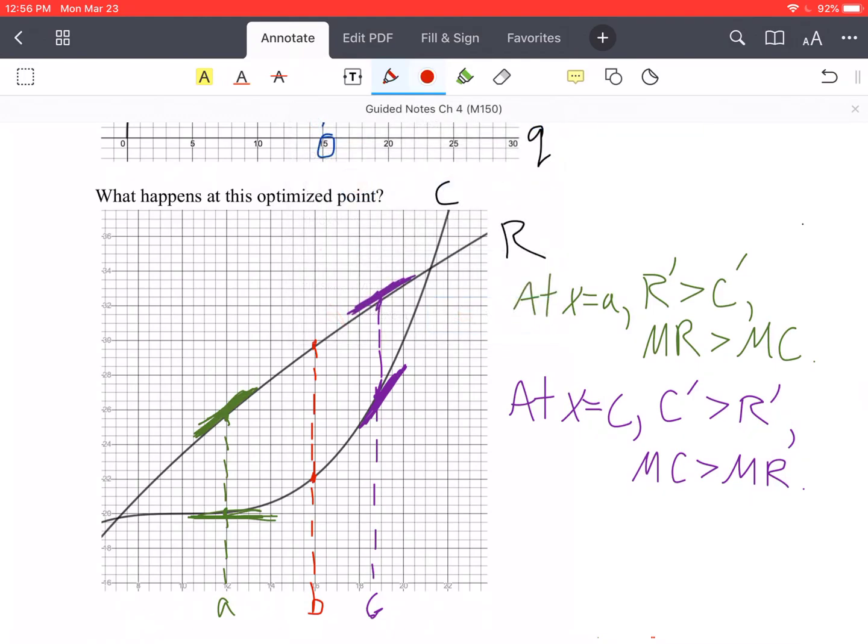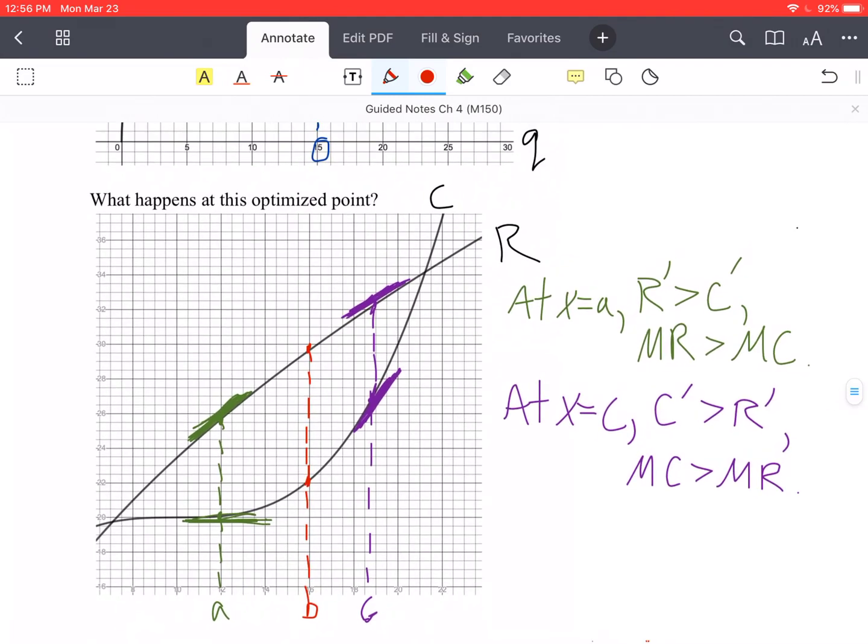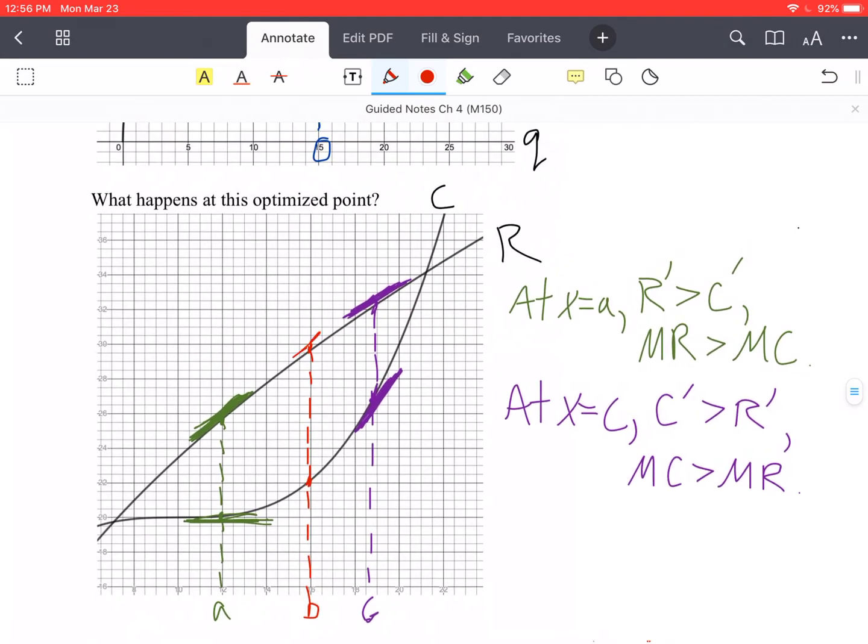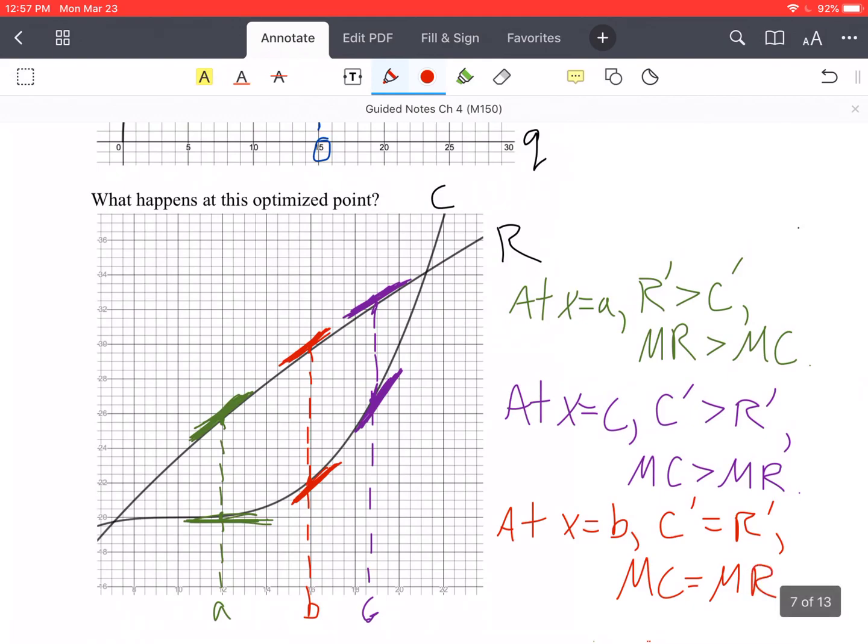And at this point B, this one that we are looking at specifically, if I draw a tangent here, notice the rate of change of the two graphs at x equals B, they appear to be the same, right? It looks like C prime and R prime are equal to each other, or in other words, marginal cost equals marginal revenue.